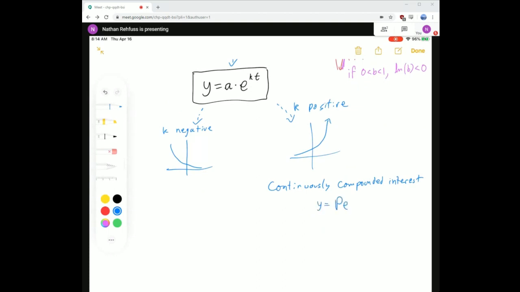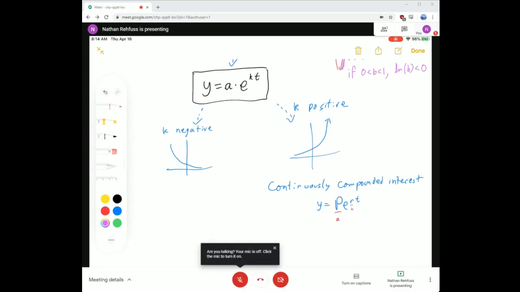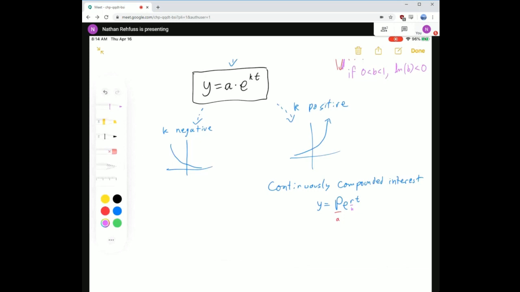In this case, this is exactly the same formula, but P has been replaced with the letter A, and r has been replaced with the letter k. It's exactly the same function. It does not matter which letters you call these variables by. They still perform the same function.